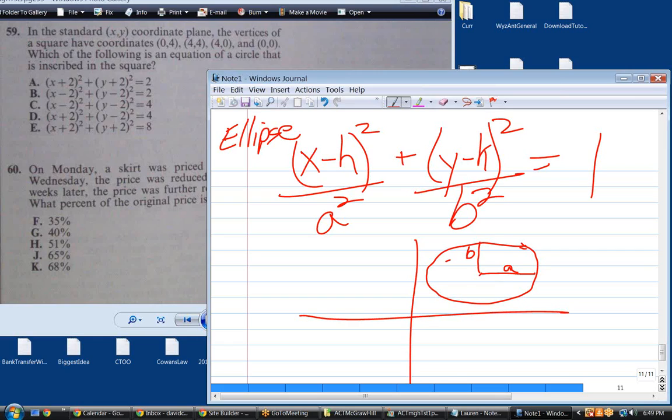I understand long, but I don't understand short. Okay, an ellipse has major vertices there and minor vertices there. So A is the distance from the center of the ellipse to the major vertex. B is the distance from the center of the ellipse to the minor vertex. B is always less than A. Okay.